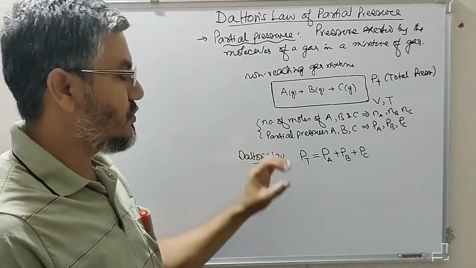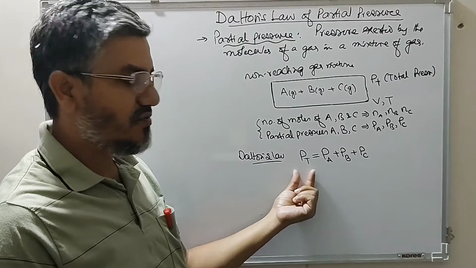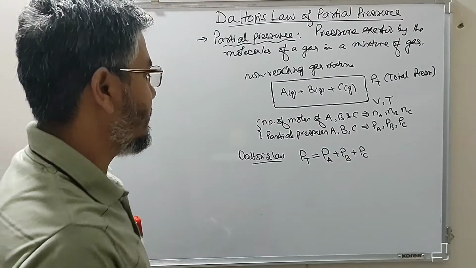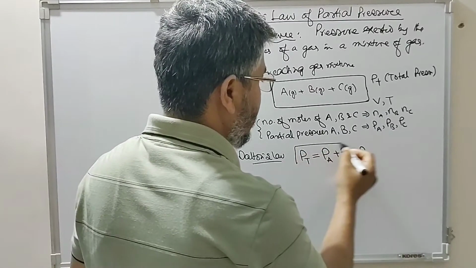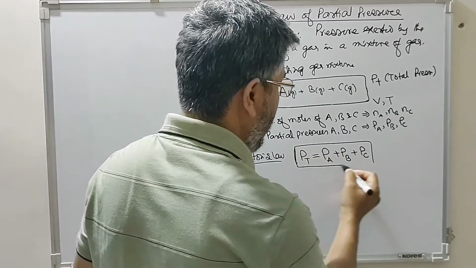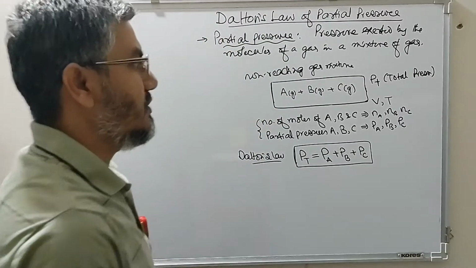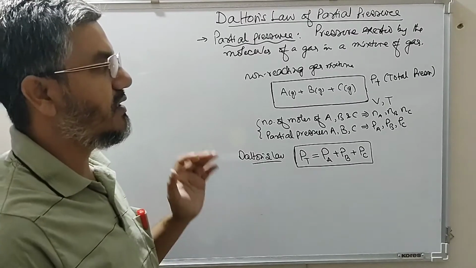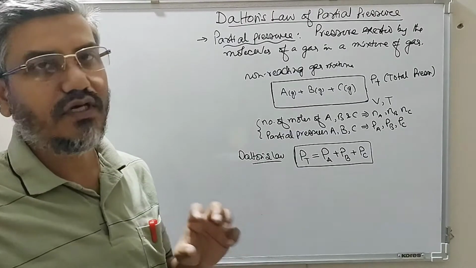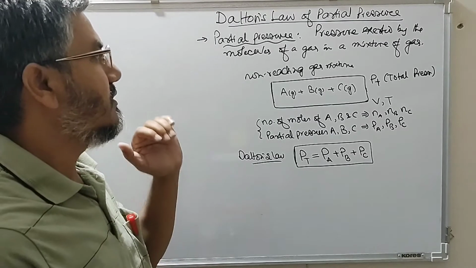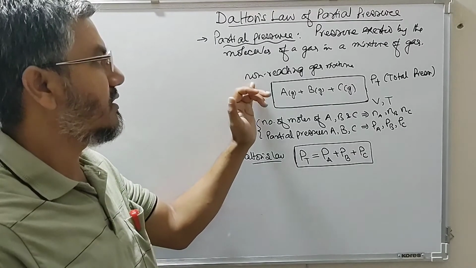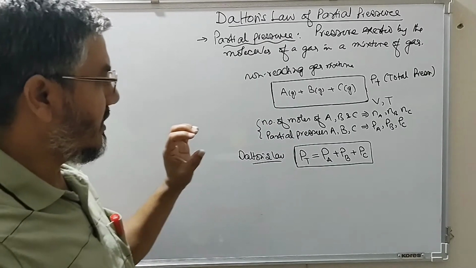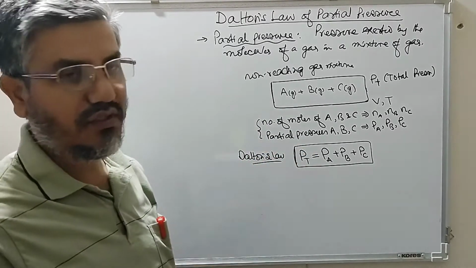Then according to this law, the total pressure of the gaseous mixture is equal to the summation of the individual partial pressures. This is what we call Dalton's law of partial pressure. The very important requirement is that all the gases must be maintained at the same temperature and same volume, and there should not be any reaction between the gaseous molecules. So this is Dalton's law of partial pressure.